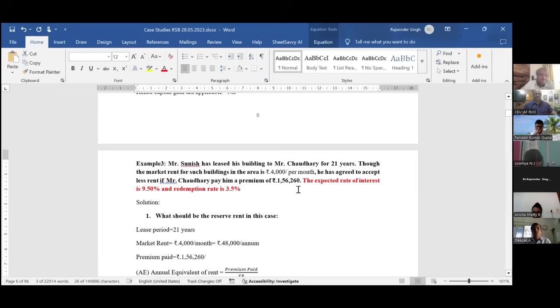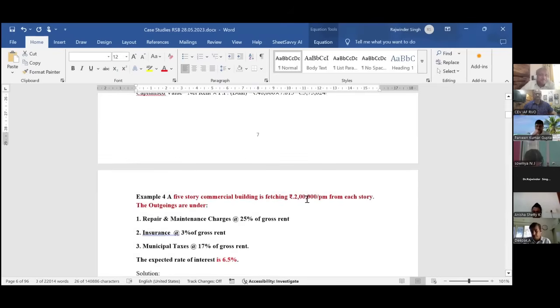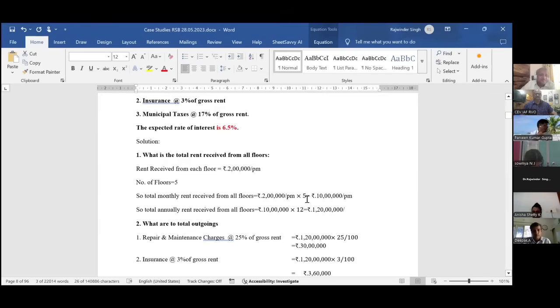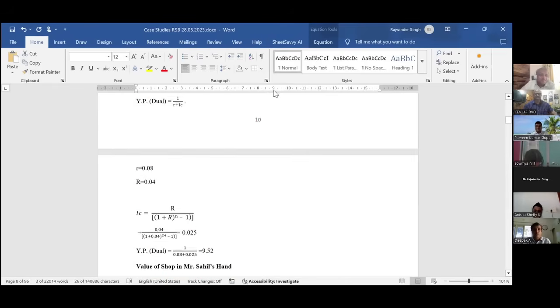What I have tried is to use the formula and the Excel sheet so that you are able to calculate without remembering the formula. So I think the doubt is clear.